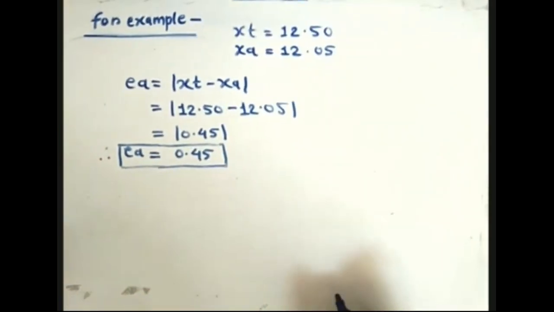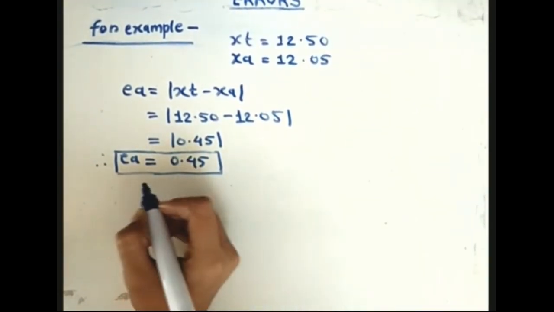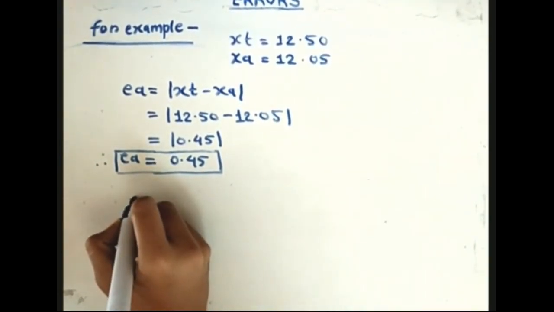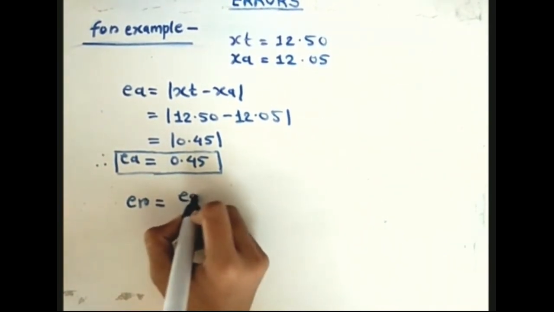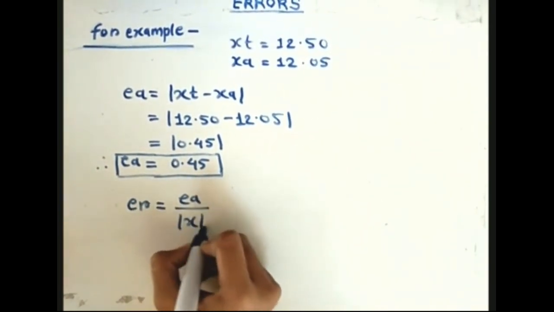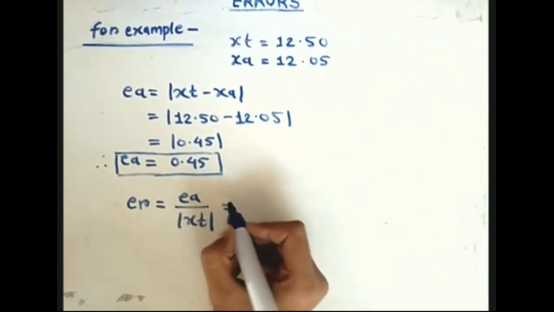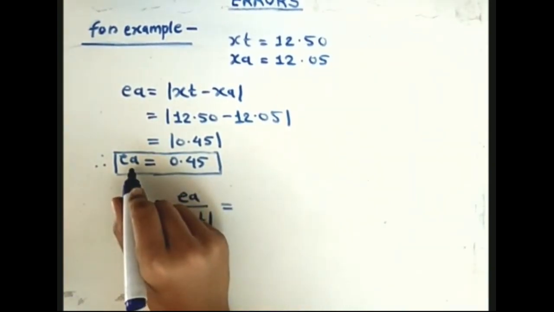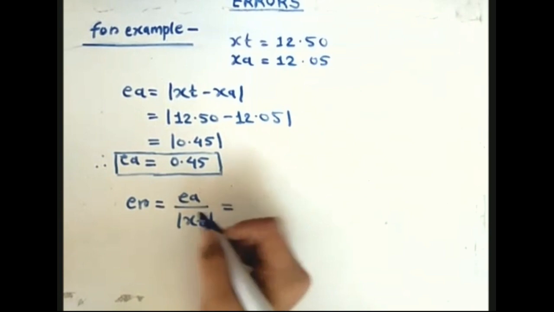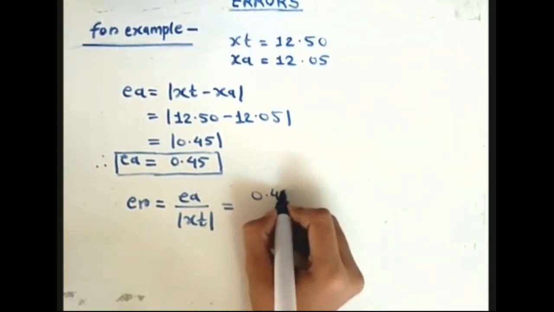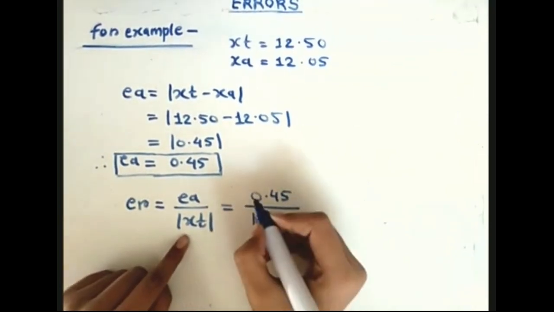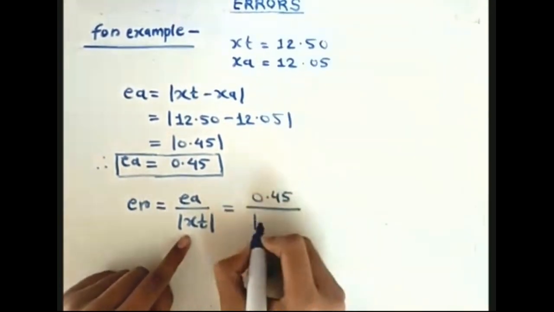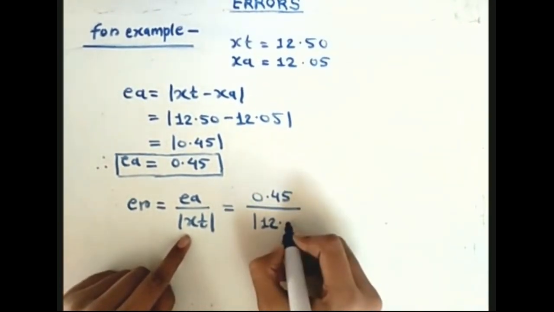Now, let us calculate relative error. The formula for relative error is ER equals EA upon mod of XT. We already calculated EA. By putting the value of EA in the formula, we get 0.45 upon mod of the value of XT, which is 12.50.